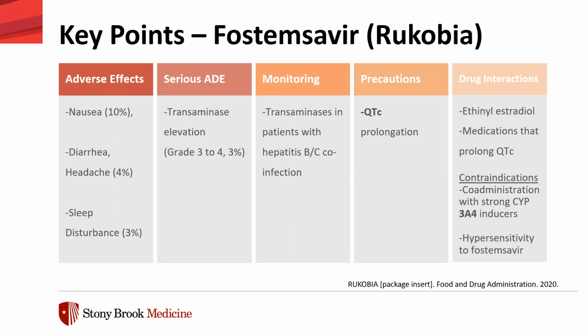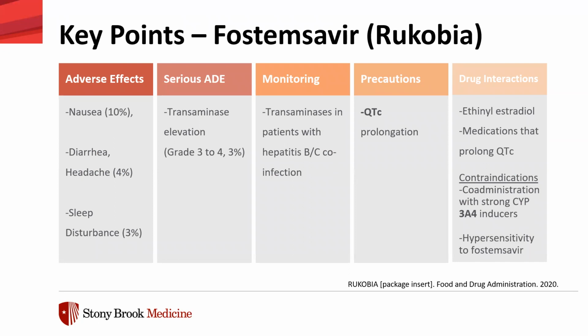Rukobia is also a QTc prolonger, so check for drug interactions that also prolong the QTc. And then there is a specific drug interaction with ethinyl estradiol, so it can actually increase the effects of the ethinyl estradiol, thereby increasing the risk of thromboembolic events.